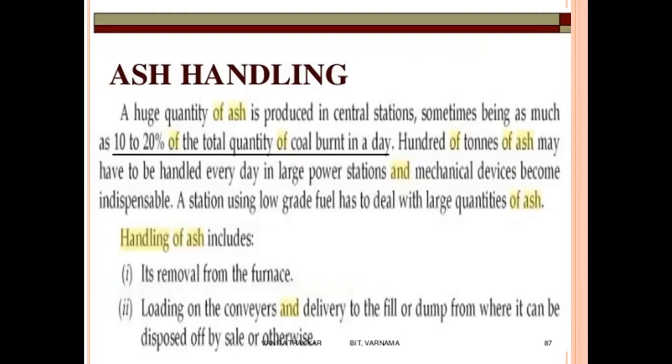A station using low grade fuel has to deal with a large quantity of ash. Handling of ash includes its removal from the furnace, loading on the conveyor and delivery to the field or dump, from where it can be disposed of by sale or otherwise.